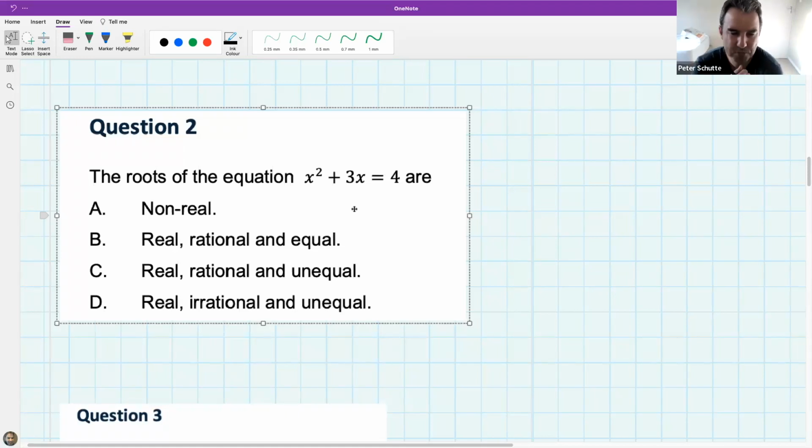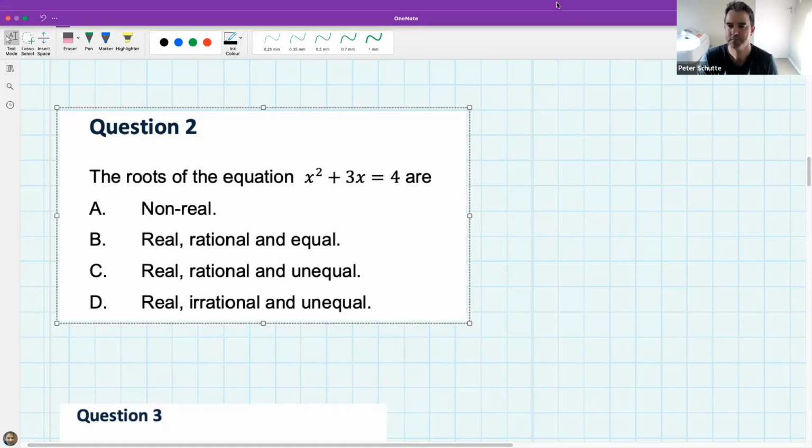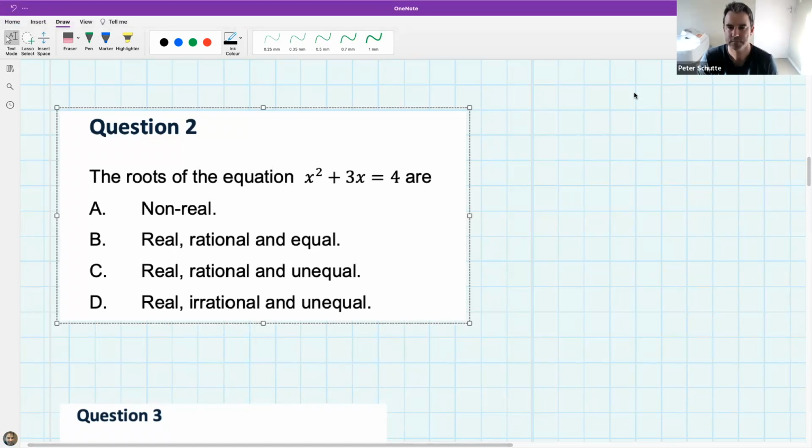But which of the 4 options would you choose? What's your first step going to be? For those who are able, why don't you tell us in the chat, what is your first step? Because I see there's a bit of uncertainty.